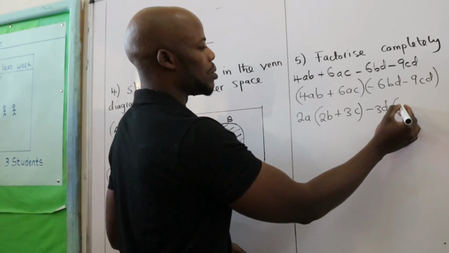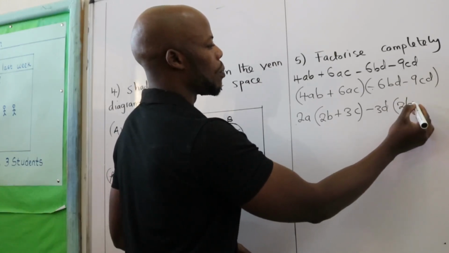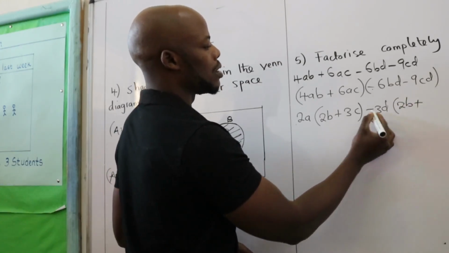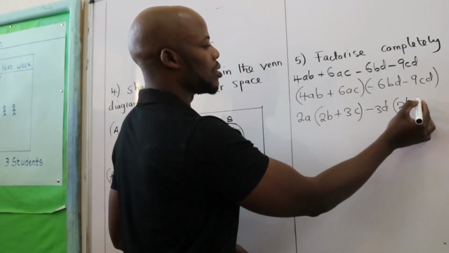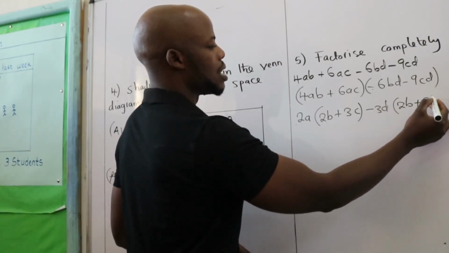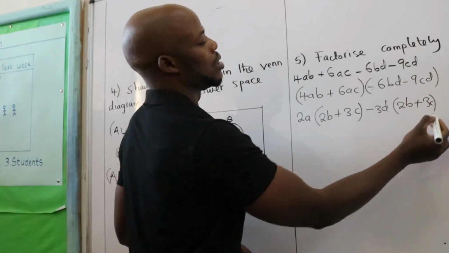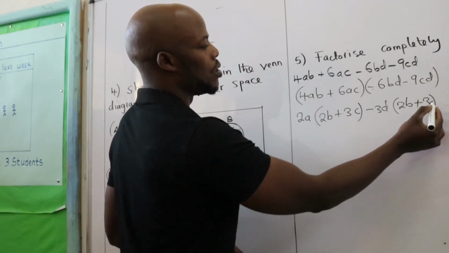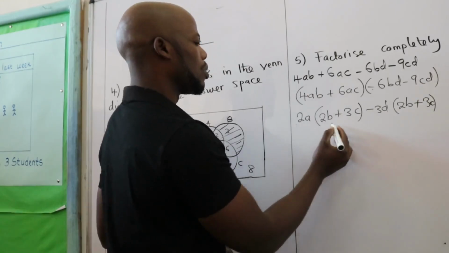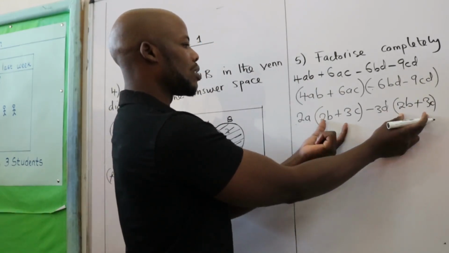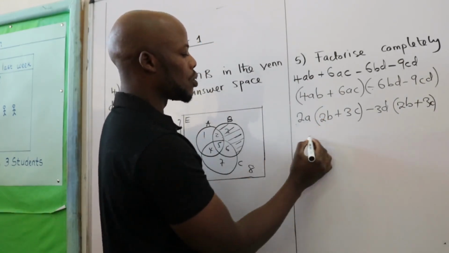Here we remain with 2B, plus, this negative and negative give us a positive 3C, because D and D will go, so we remain with a C here. Now if we check, these are the same, so just get one of them.